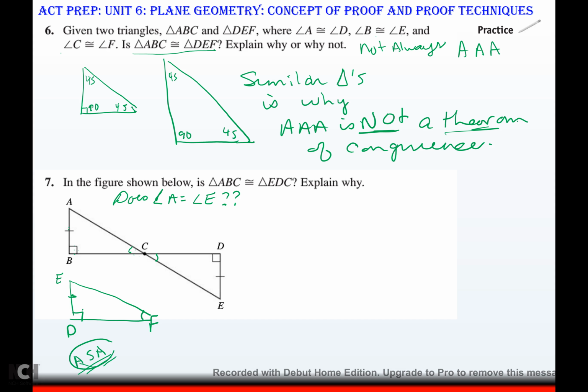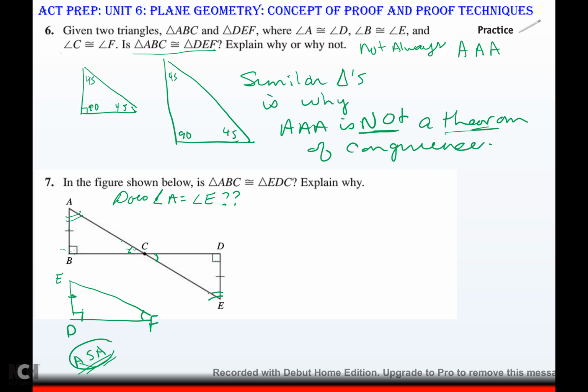Okay, but since I know that two angles of a triangle are equal to two angles of the other one, then the third angle has to be equivalent, because the three angles have to add up to 180. Well, if these two are the same, then I don't care how you add them up. That's going to be the same as when you add these up.